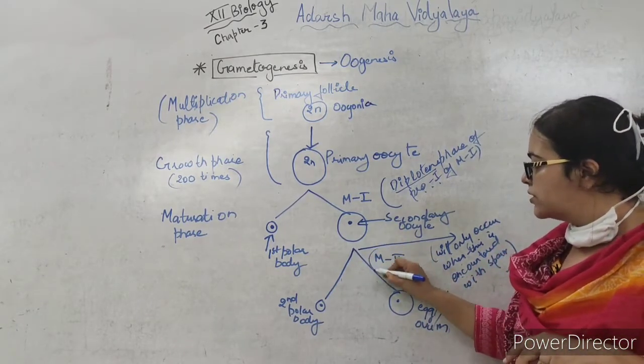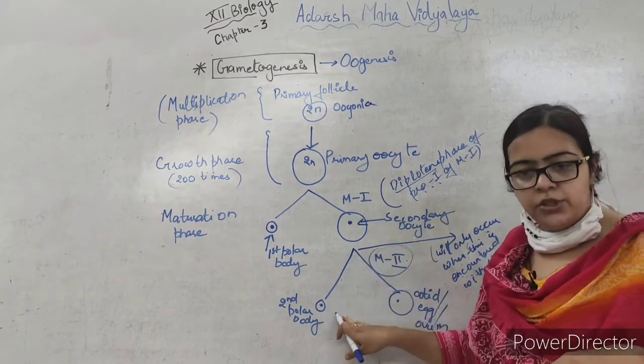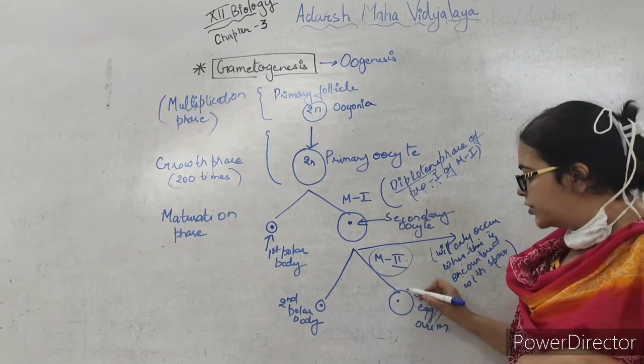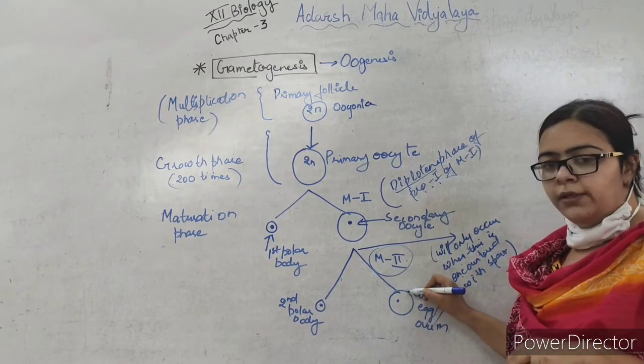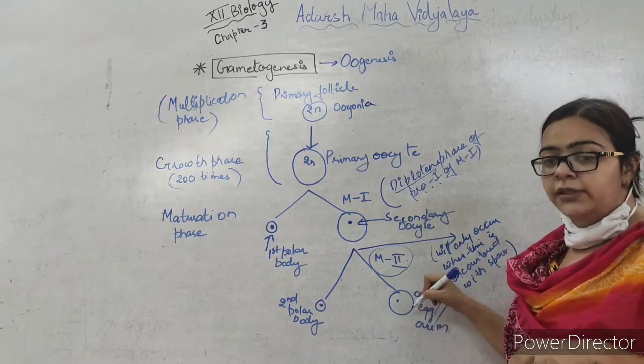Only then will meiosis 2 occur in this, and there will be the formation of the second polar body and the ootid, that is egg or ovum, in which the nucleus of the sperm will unite, and there will be the formation of the zygote.